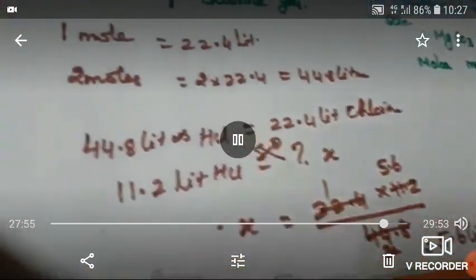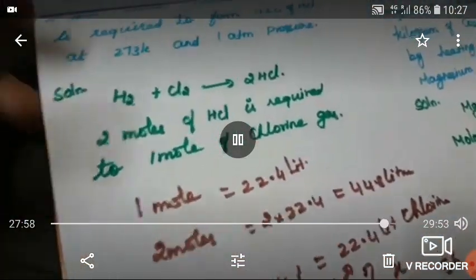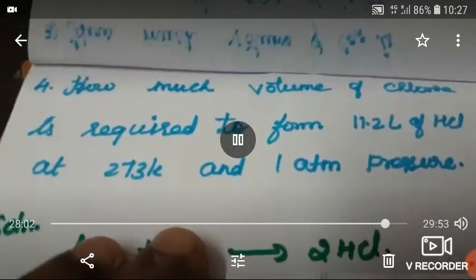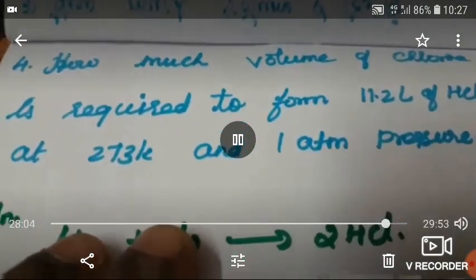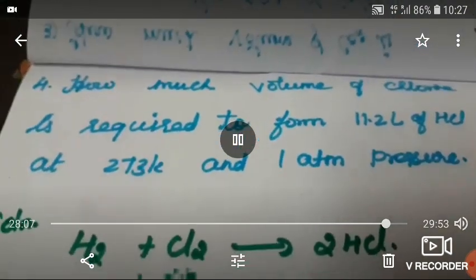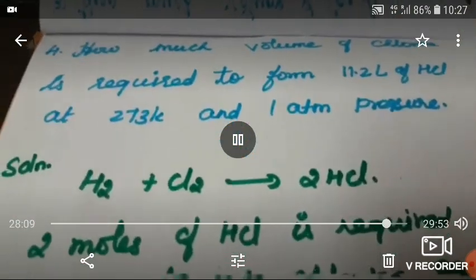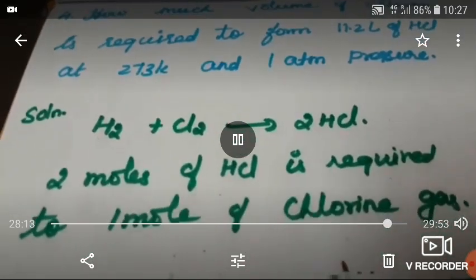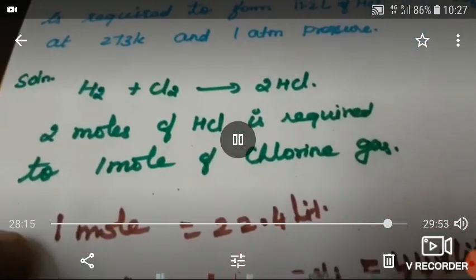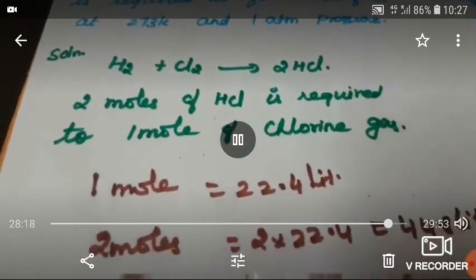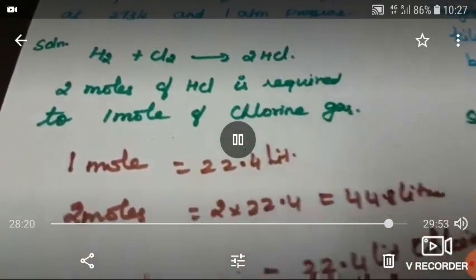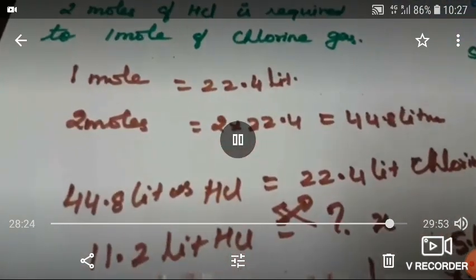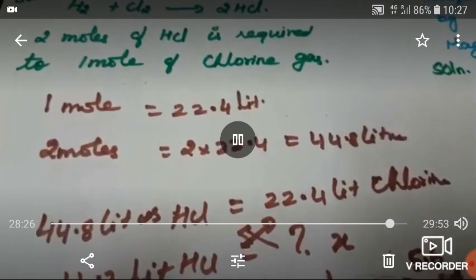Okay, so this is another one, a simple one. How much volume of chlorine is required to form 11.2 liter of hydrochloric acid at 273 Kelvin and 1 atmospheric pressure? Hydrogen plus chlorine gives hydrochloric acid. 2 mole of HCl requires 1 mole of chlorine gas. 1 mole is 22.4 liter, so 2 moles is 44.8 liter of hydrochloric acid, requiring 22.4 liter of chlorine.